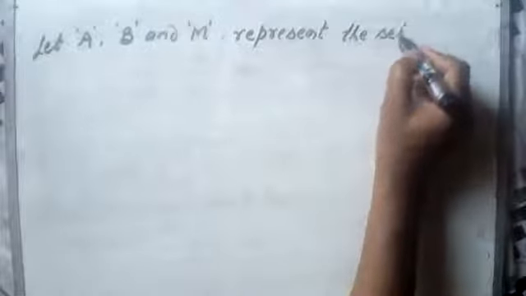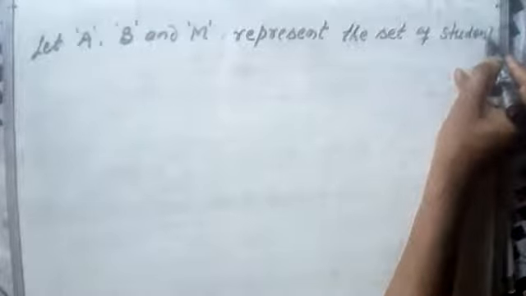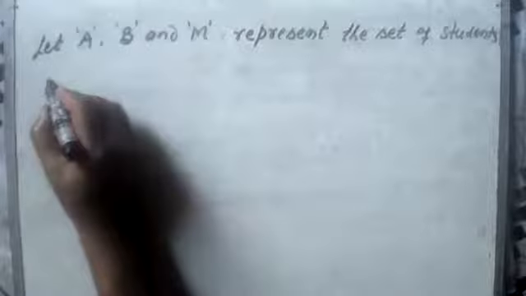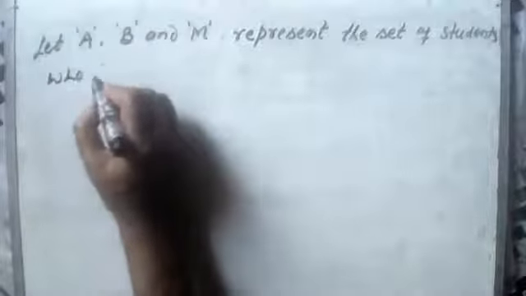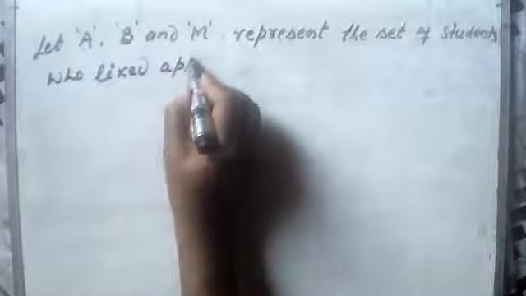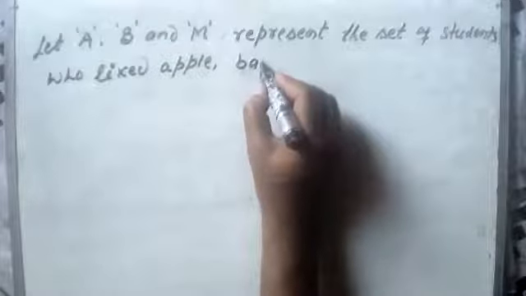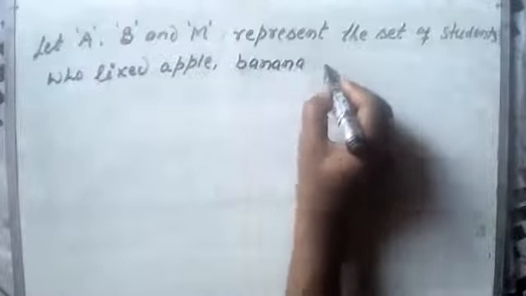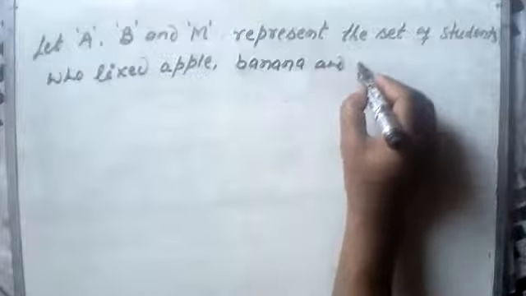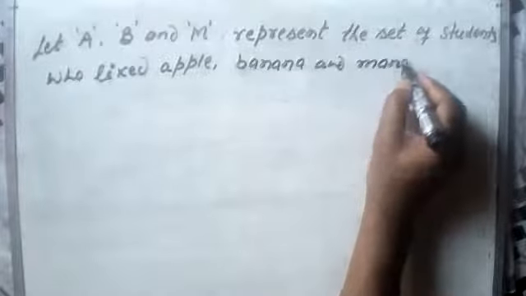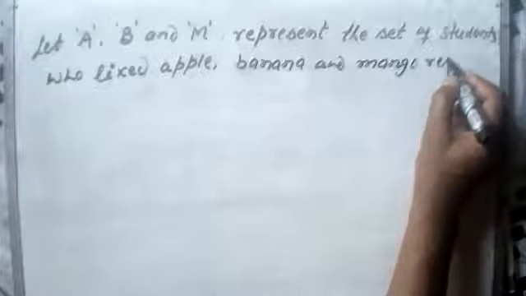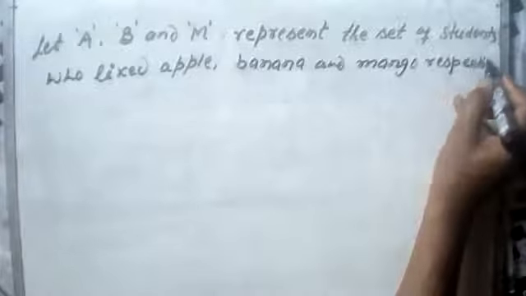A, B, and M represent the set of students who liked apple, banana, and mango respectively.